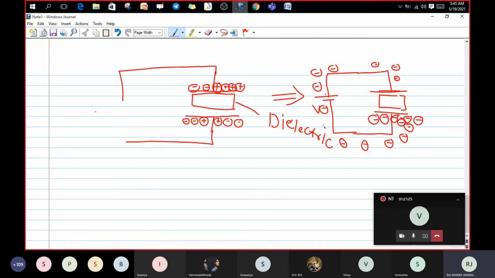Because I am applying this force now, the electrons are attracted to this side, and whatever positives are there are attracted to the other side because of the electromotive force. Then here only positive will be there. The electrons move to this side, and the positive charges have moved to the other side.